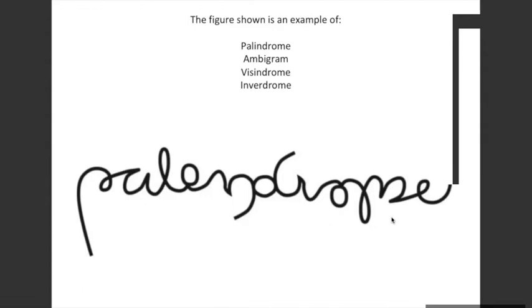Then there are kangaroo words, or marsupial words. Just let me search the spelling. Yeah, that's correct.